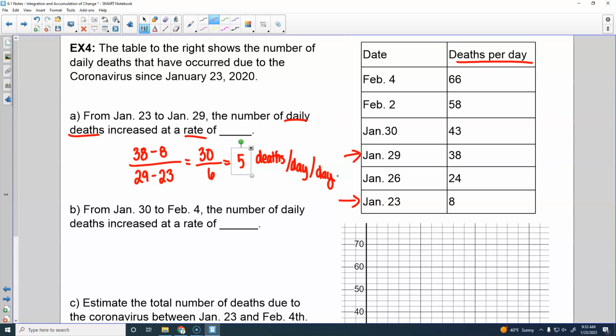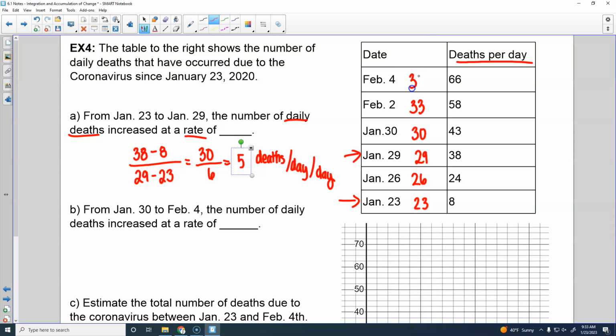Oh, there's something else we need to do. If I'm going to call this 23, and I'm going to call this 26, and I'm going to call this 29, that would make this 30, but there is a January 31st. So January 31st would be 31. February 1st would be 32. February 2nd would be 33.